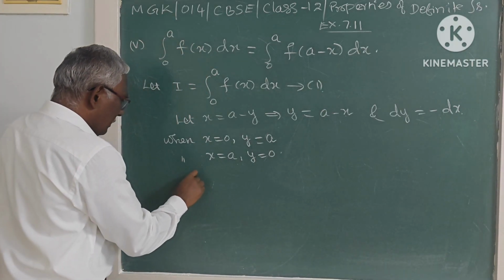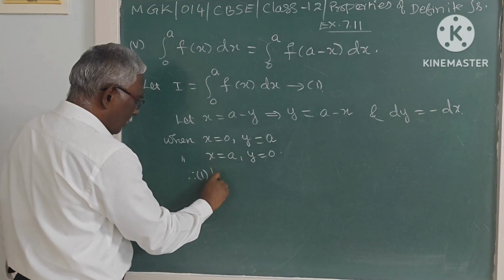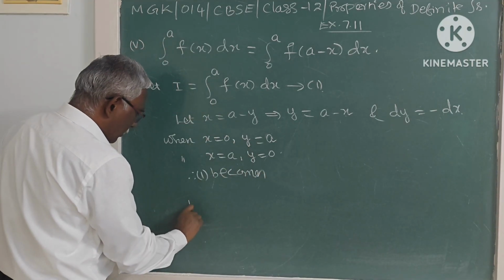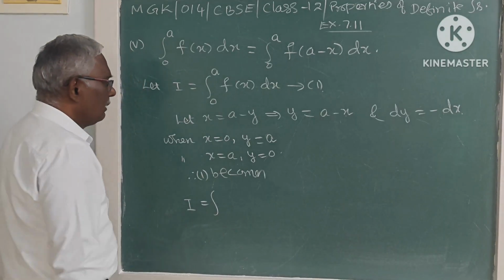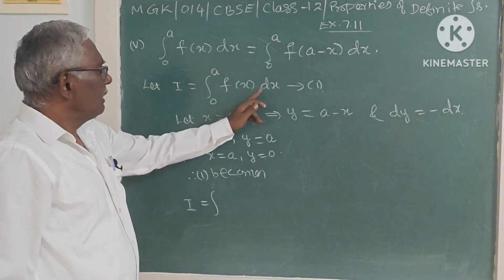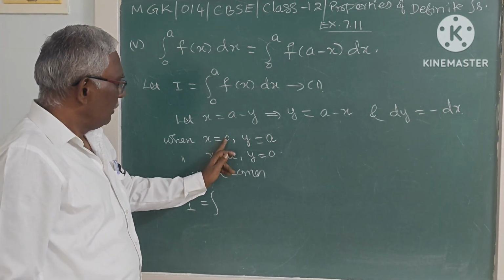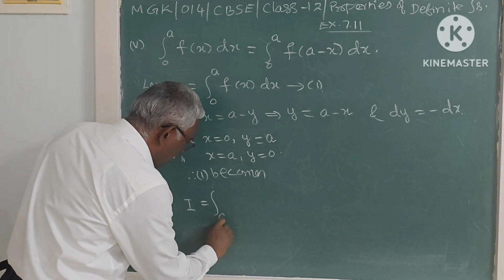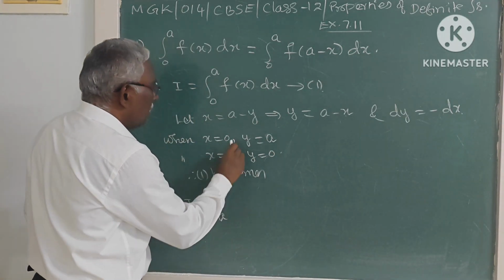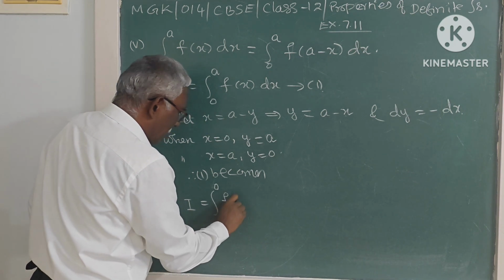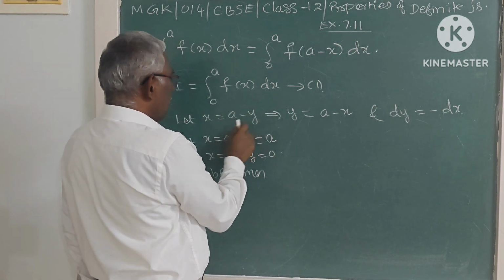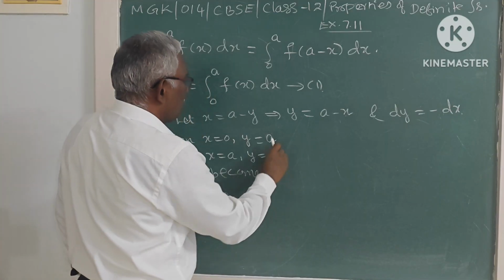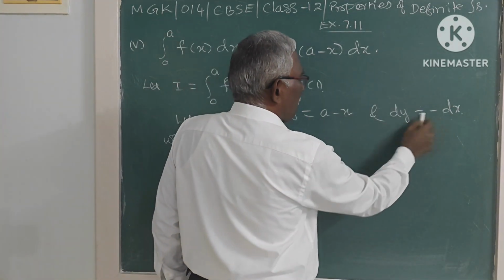Therefore I is equal to integral, x varies from 0 to a, y varies from a to 0. So a to 0 f of x, which is nothing but a minus y, and dx is minus dy.